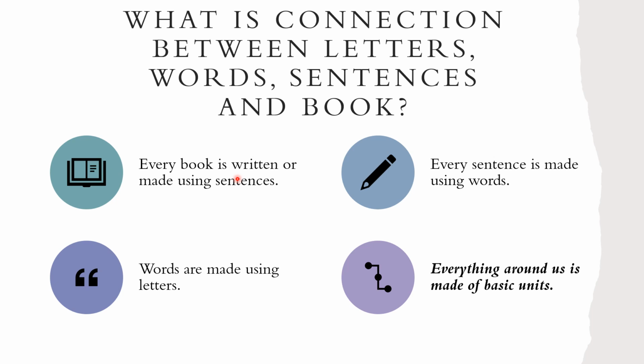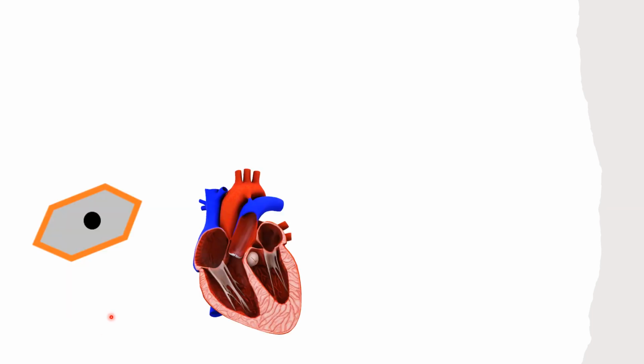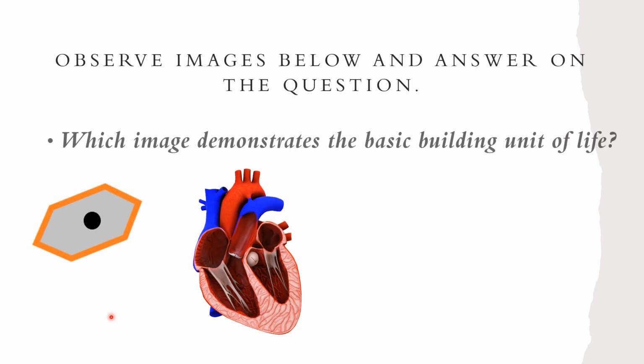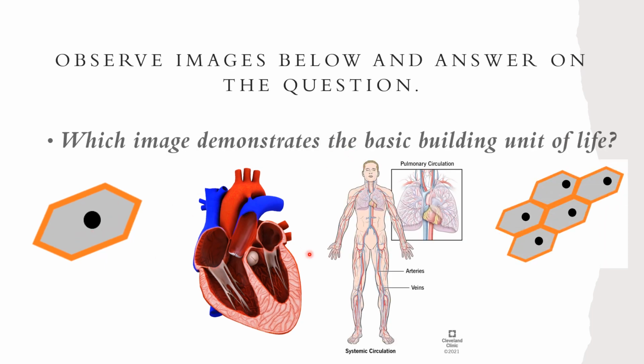So why am I talking about this basic block? Because we mentioned that in living organisms, the basic block of every living organism is a cell. So what do we have here? We have four diagrams. Each diagram has something else. So the question is that you need to observe these diagrams and answer the question. Which of these diagrams below actually shows the basic building unit of life?